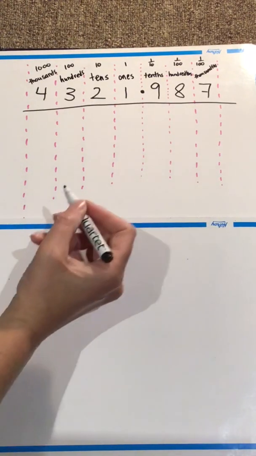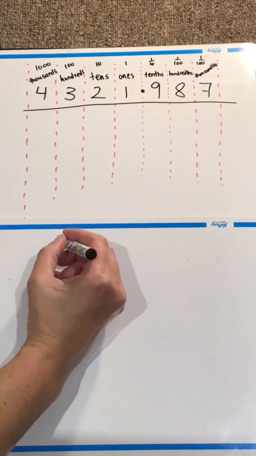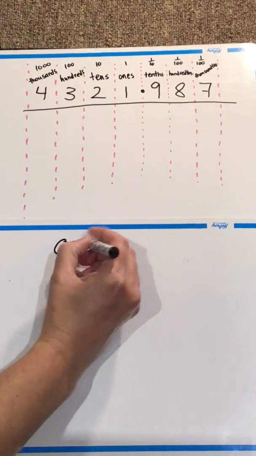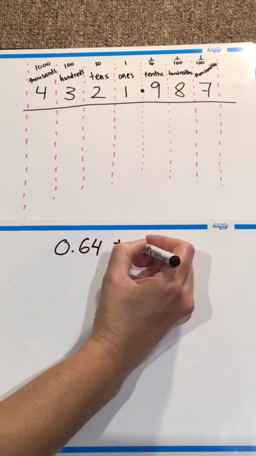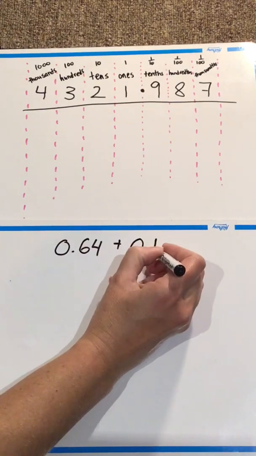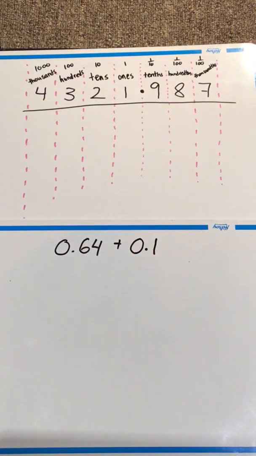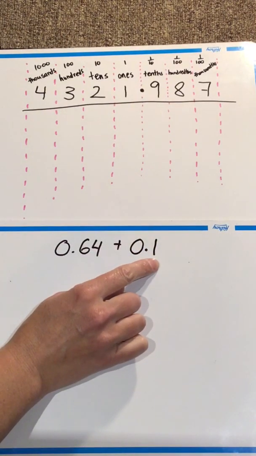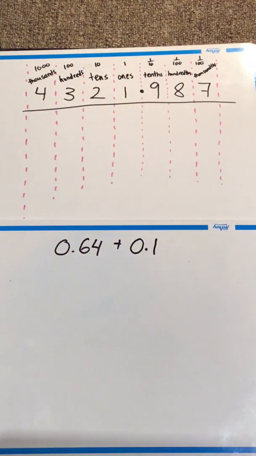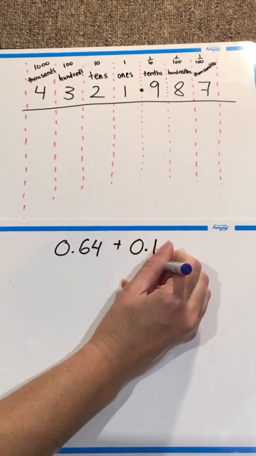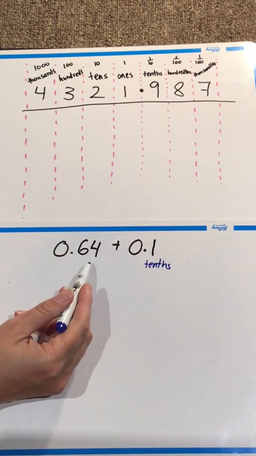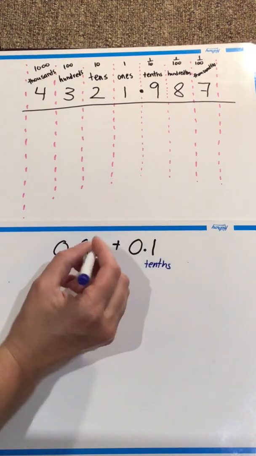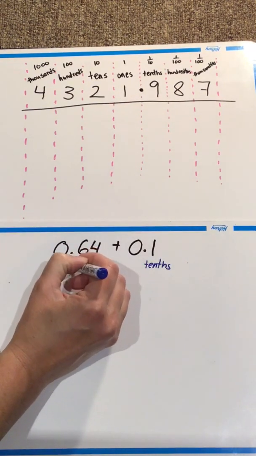Yes. Okay. So let's say I've got 0.64 and I would like to add 0.1. Just to the right of the decimal point is the tenths column. What digit in 0.64 is also in the tenths column? Hopefully you just said the 6.